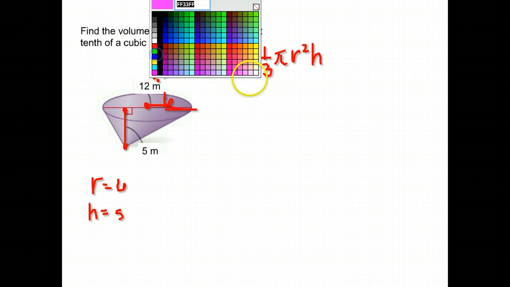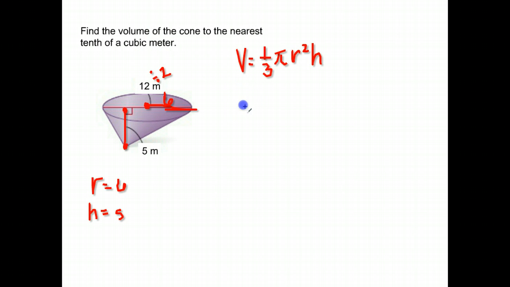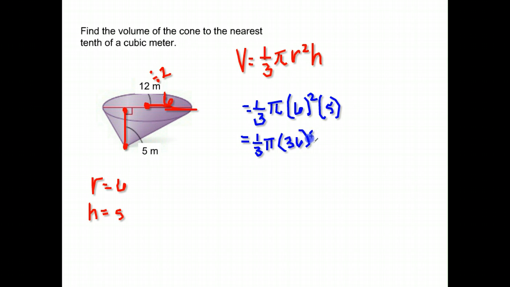Now all we have to do is put those into our formula for volume and we're done. So we have 1/3 pi times the radius, which was 6 squared, times the height, which was 5. 1/3 pi times 36 times 5. Again, my suggestion would be to multiply the last 3 numbers and then divide by 3 to do your 1/3.